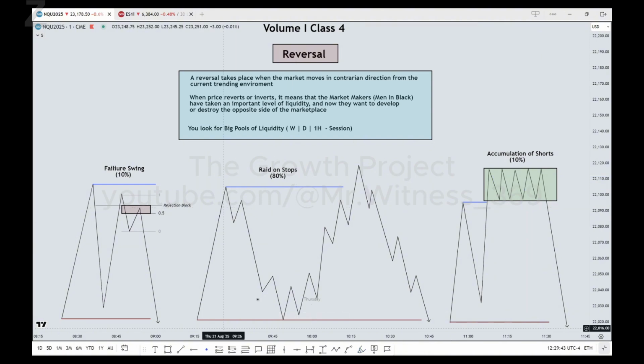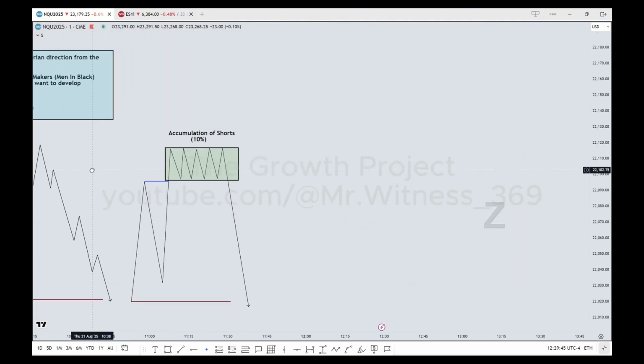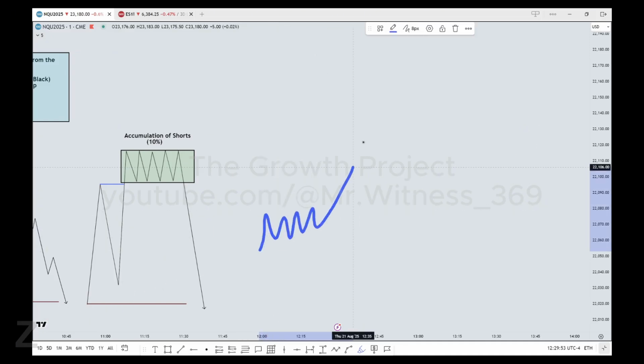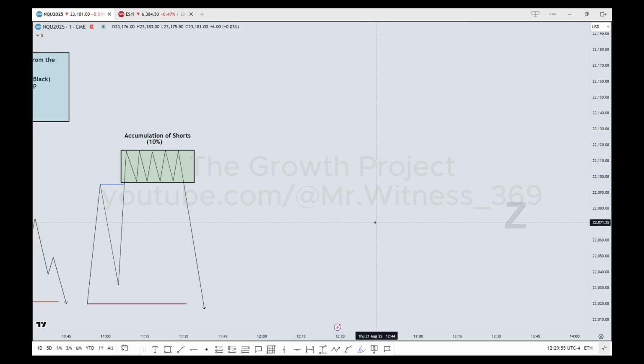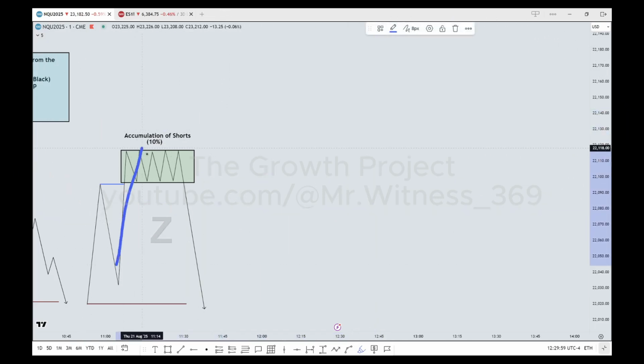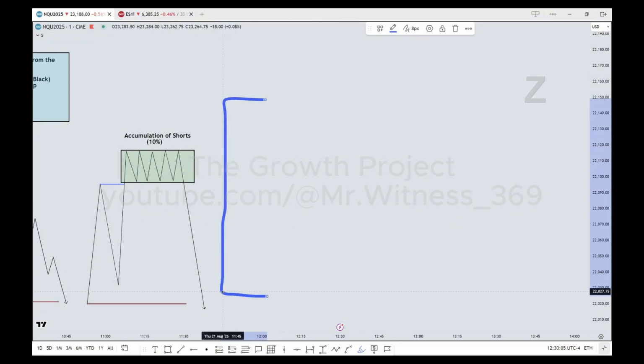So here, what you have is the difference. Once again, dummy, the difference between consolidation and accumulation is the following. You know that consolidation can only deliver continuation. But this is not a consolidation, it's an accumulation because it's delivering a reversal. How do you spot the difference? The consolidation will only take place inside of a range between the beginning and your target.